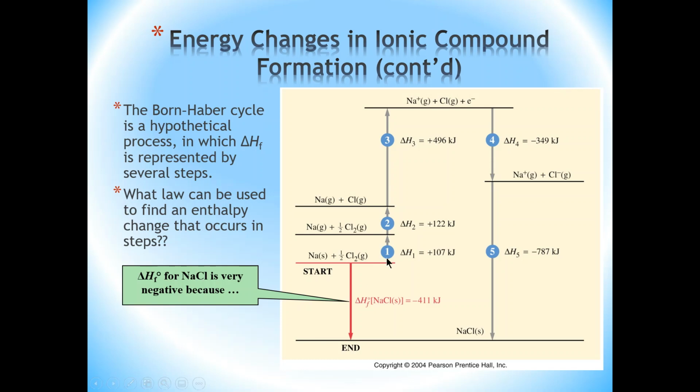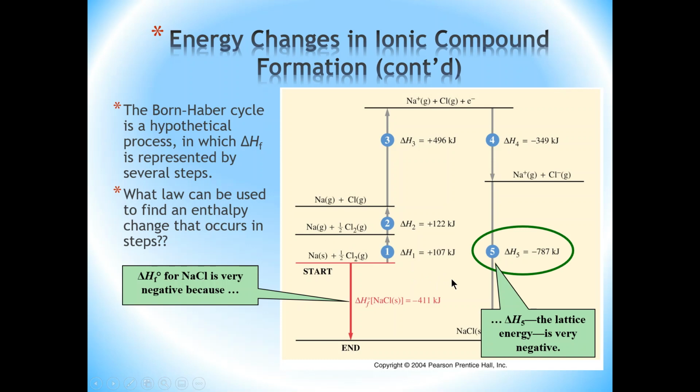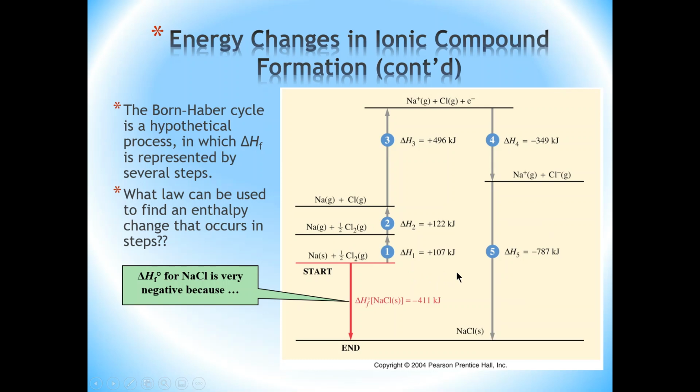That's how we end up with sodium in a gaseous state. And let me backtrack a bit here, I accidentally clicked. Okay, the enthalpy of sublimation is given by 107 kilojoules.